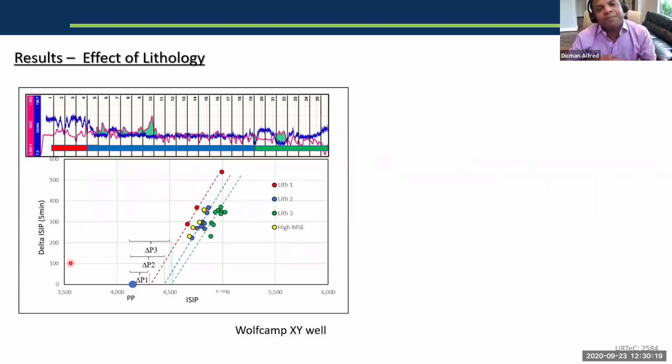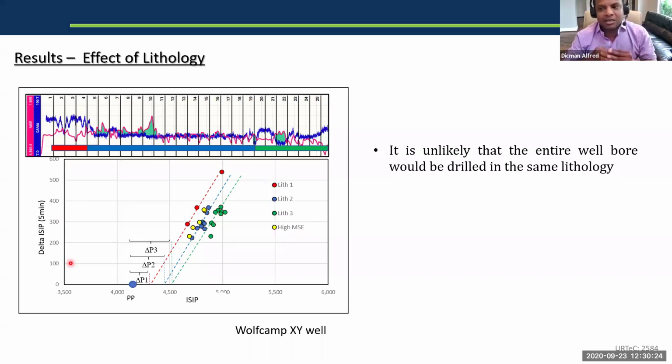Okay, let's move on. So effective lithology. Everybody knows, unless you have the super geosteerer from Mars or something, you're going to traverse. You're not going to drill the well in the same lithology within 5 or 10 feet. So this is an example of a Wolfcamp XY well.